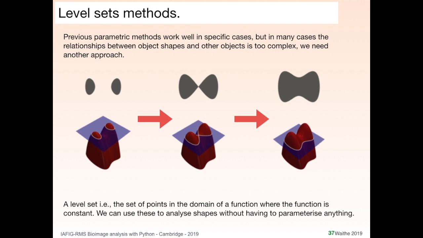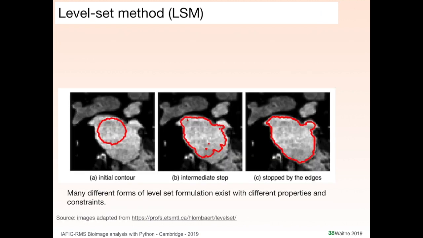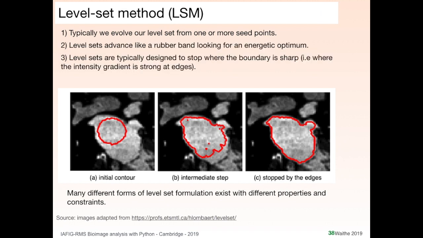But what I'm going to show you today is one algorithm in particular. This is actually the Chan-Vese algorithm, which you'll see in the practical later. The methodology of a level set method is that we don't just look at the intensity of our object. We define an energy term, and we try to evolve this level set, which is parameterized on the Cartesian grid, on the pixel grid.